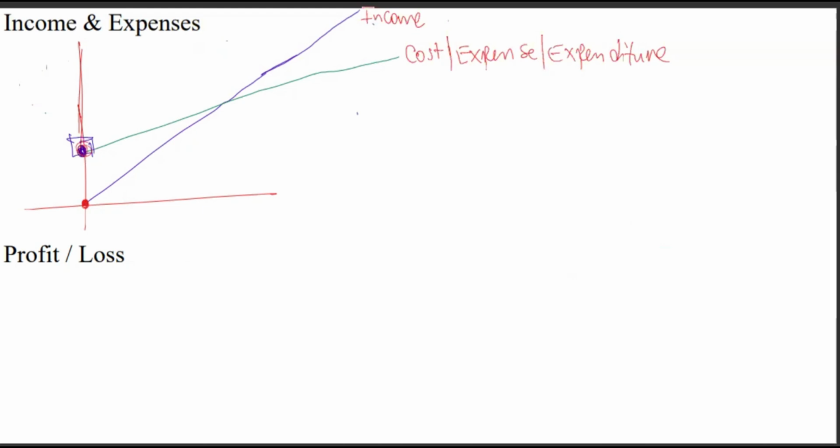Then it starts at a certain value. Where it starts from, this is what we call the fixed cost. If this amount, you spend it even though you've not done anything. For example, if you're going to sell carpets, first and foremost, you need a place to sell them from. You need money to buy them from that other person.